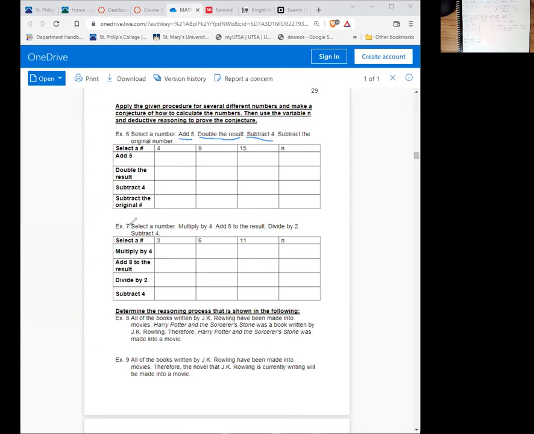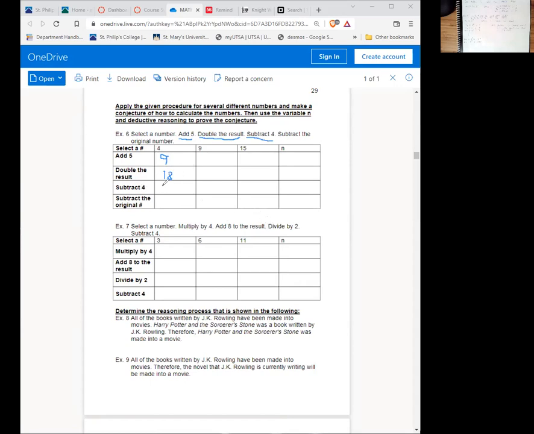So here's 4. First thing you need to do is add 5 to it, right? So that'll give us a 9. Double the result. Well, we got a double 9, so the double will be 18, right?